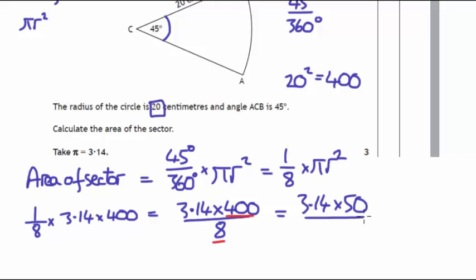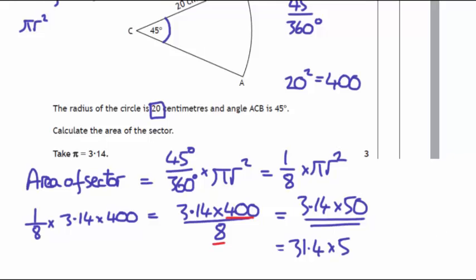So we're left with trying to work out what 3.14 times 50 is. If we times 3.14 times 50, that's the same as 31.4 times 5, because we're just taking the tens from here and timesing that by 3.14.